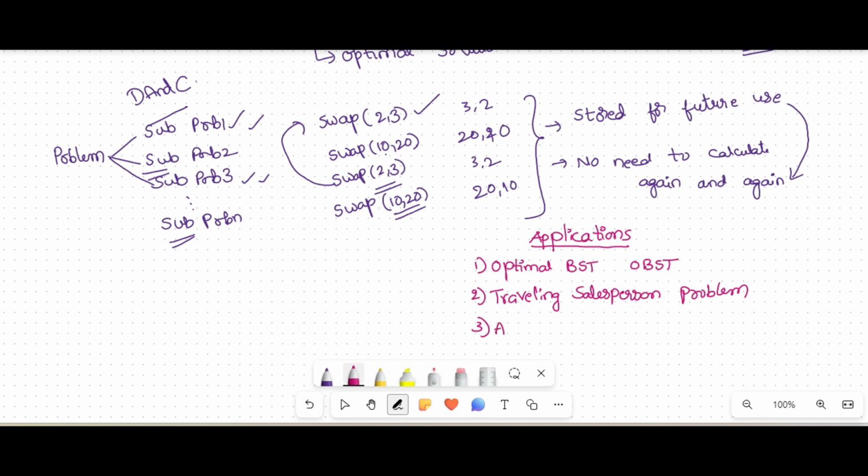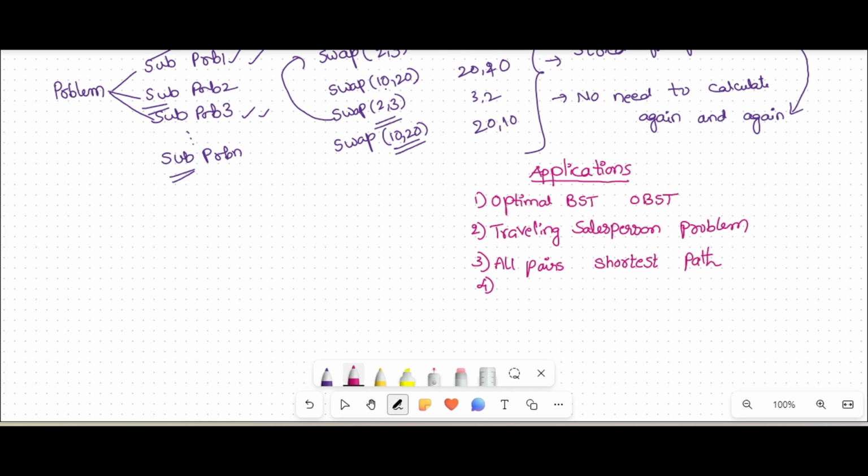Then the all pairs shortest path algorithm. Next, multi-stage graphs, and the knapsack problem.